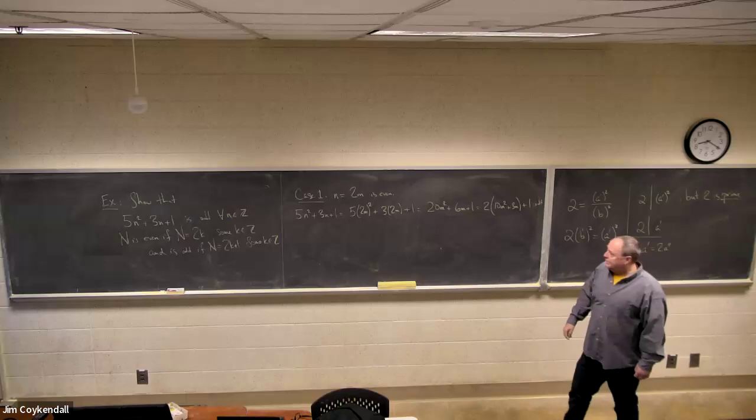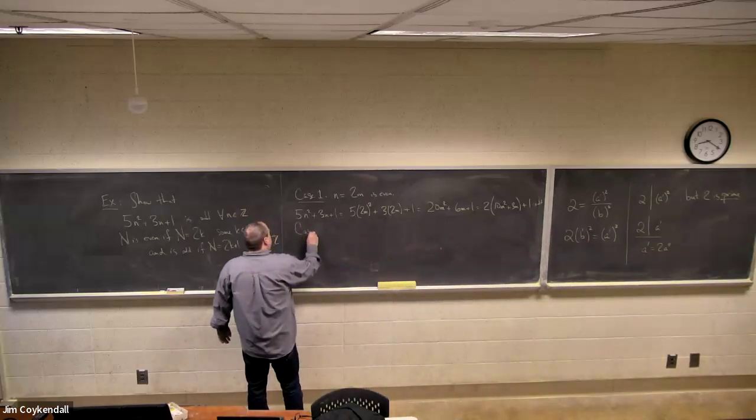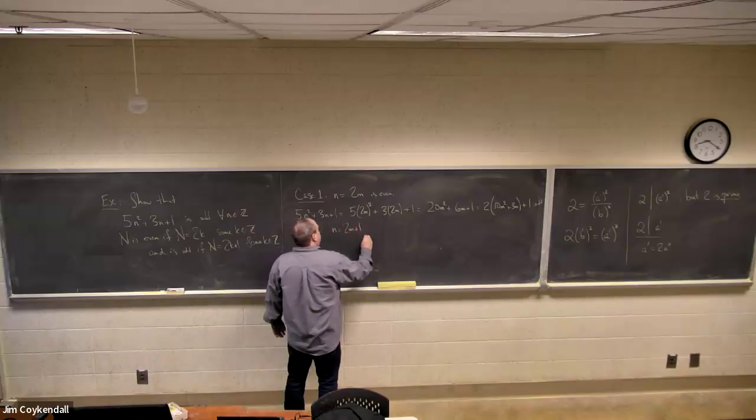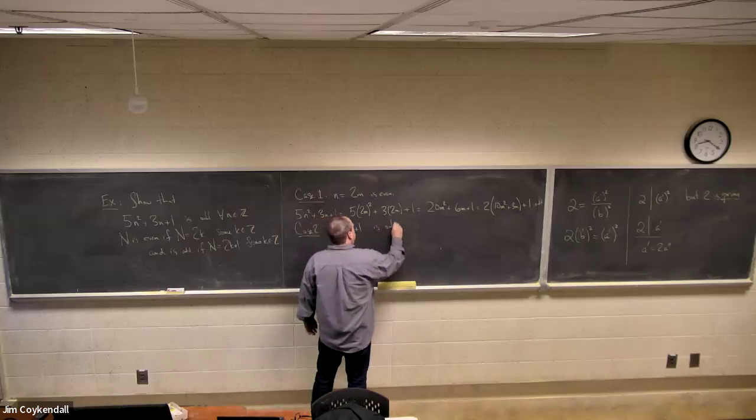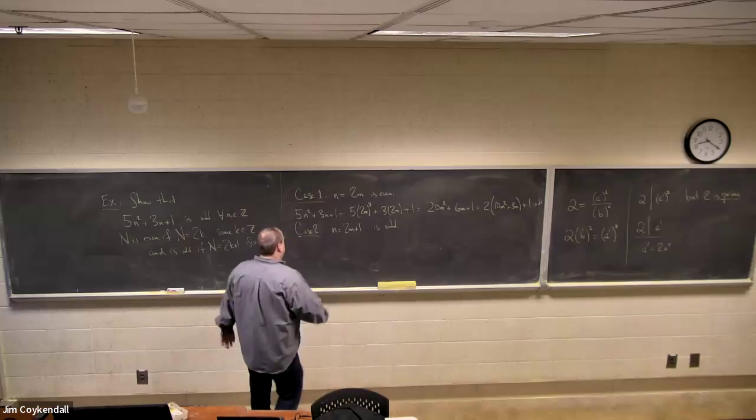Everybody agree? Case two, n equals 2m plus 1. Okay, this is a little bit more icky, but it's all right.